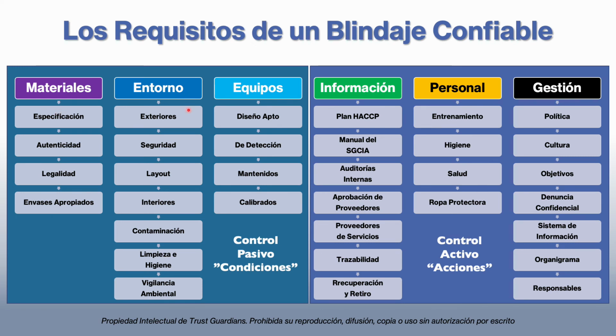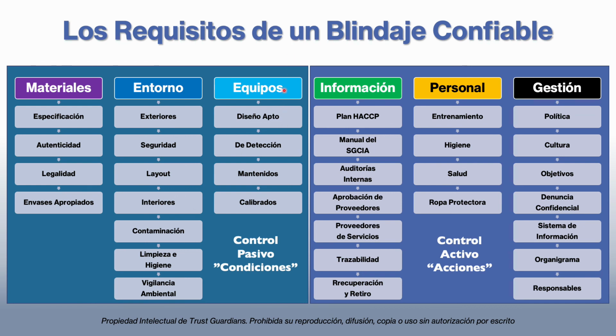And the environment is about the external requirements, the safety and security of the facilities, the layout, and the internal infrastructure of the walls, ceilings, floor, etc. The contamination, the risk of contamination, 4.9 in the standard. Hygiene and cleaning, 4.11 in the standard, and as part of that, the environmental monitoring.